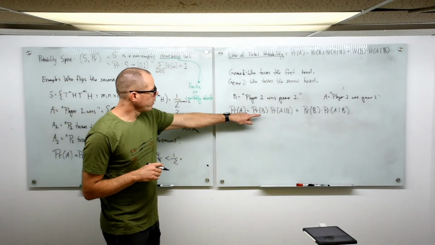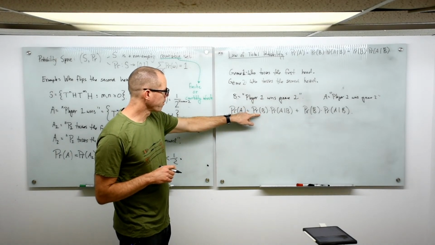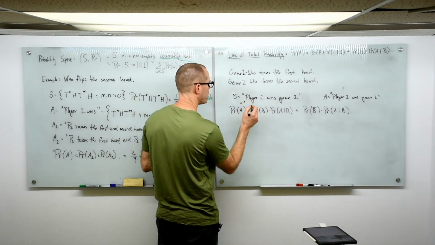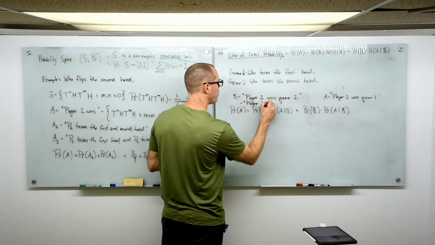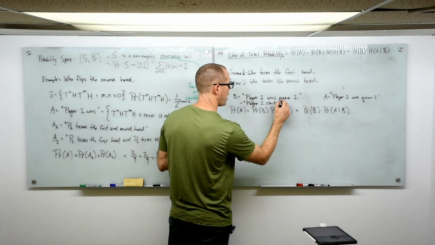So B here is the event that player 1 wins game 1. And another way to write that is to say that player 2 starts the second round.